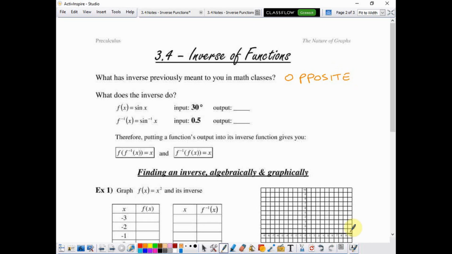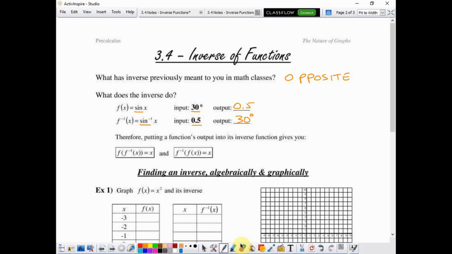If you were to type in your calculator sine and input 30, if you're in degrees mode, you would get an output of 0.5. But if you were to type in inverse sine, that would be second sine, and your input is 0.5, you're going to get an output of 30 degrees.